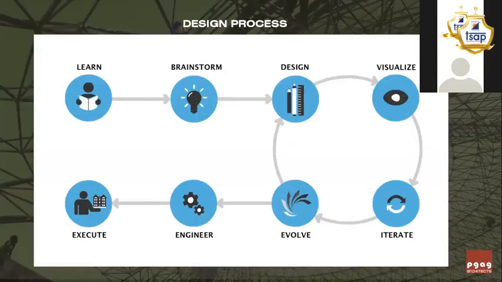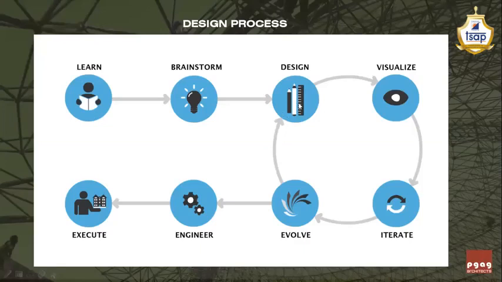Now we have come to the stage after we have completed the design stage and the visualization stage, and we have almost given the presentation to the client. Now we are evolving our designs.